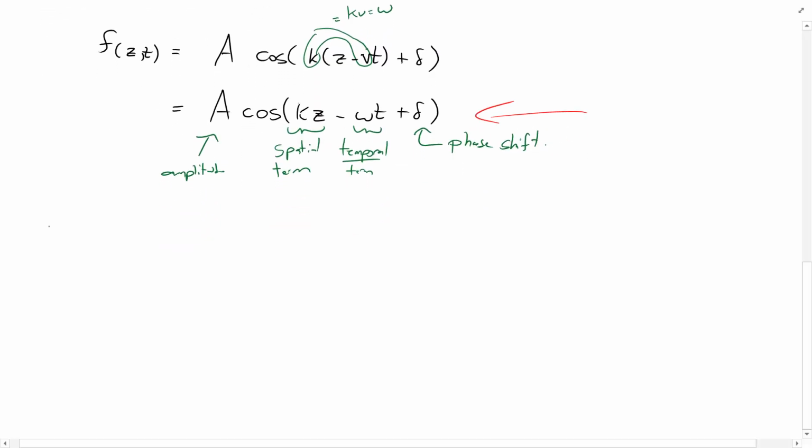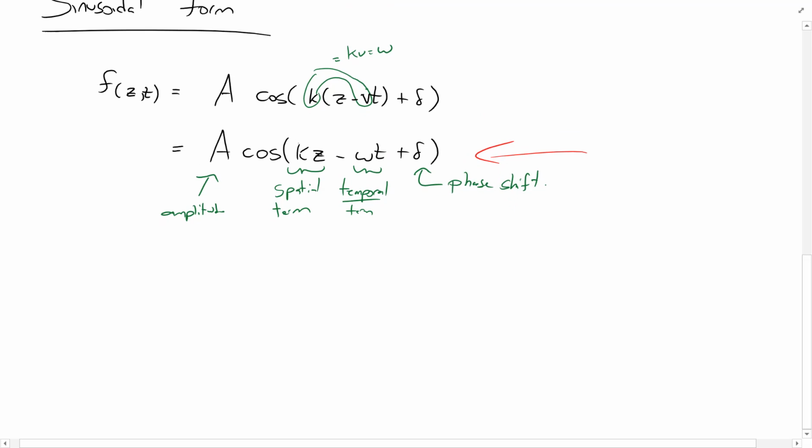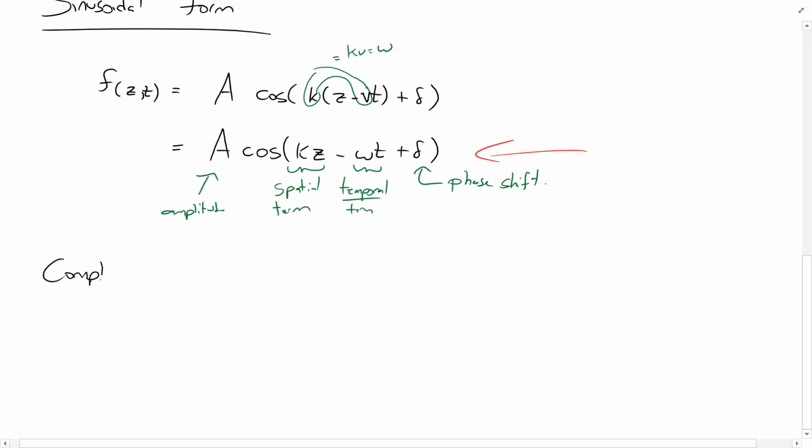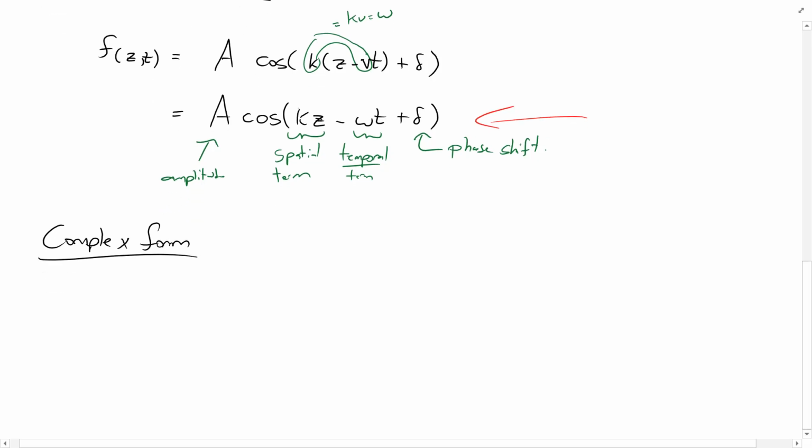Next, we'll extend this into complex form for a wave. And to get there, we'll just be using Euler's identity, which can be written as such.